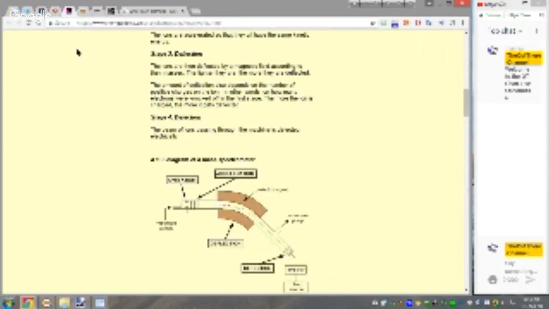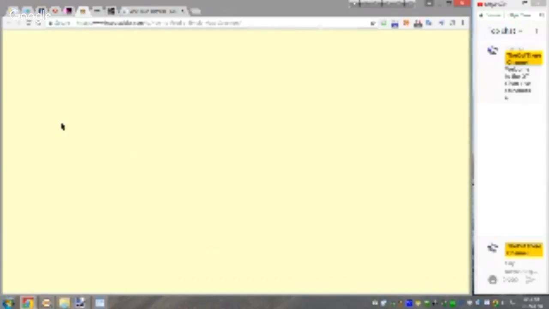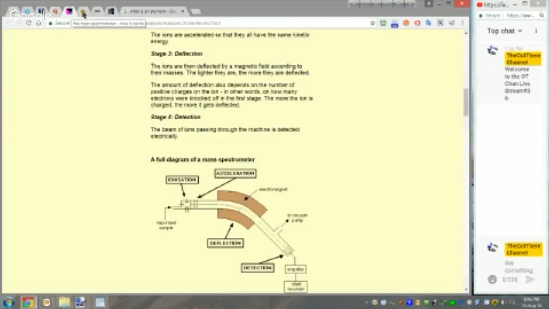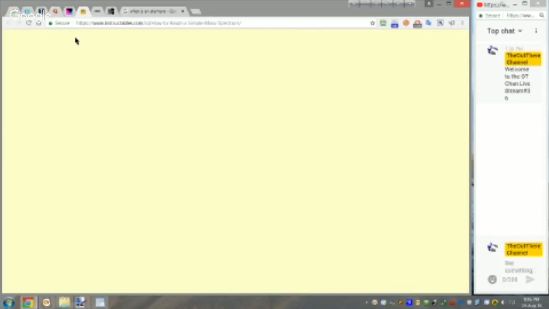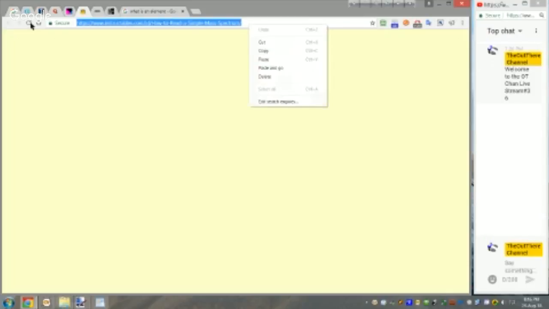So to understand the chart, I'll try to find a page on that. Why is it not coming up? Did not load. Reload it, maybe.